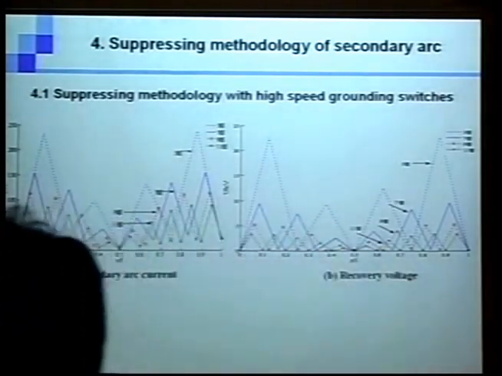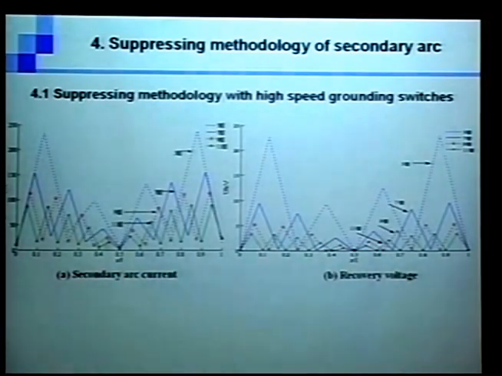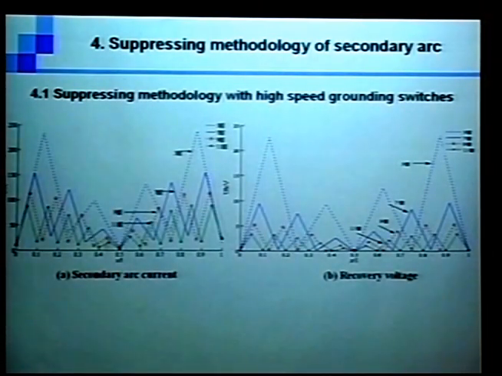The first one, if you are familiar with half-wave transmission technology, is the high-speed grounding switch. We have done some simulations incorporating the second arc model, to try to get accurate results. We can use different sets of high-speed grounding switches, and then you can get different results.